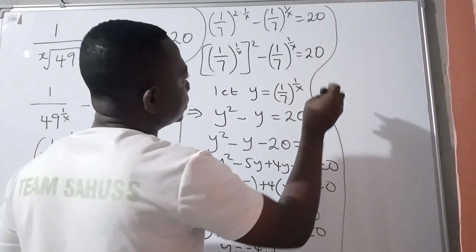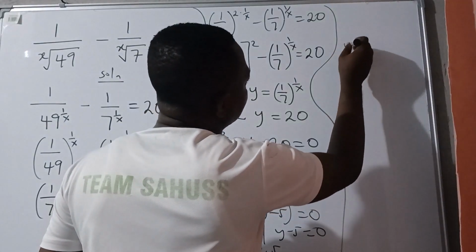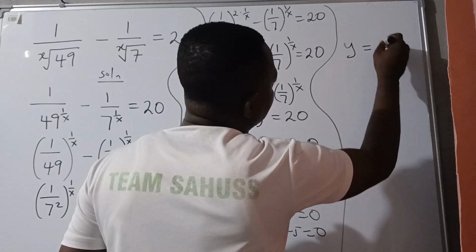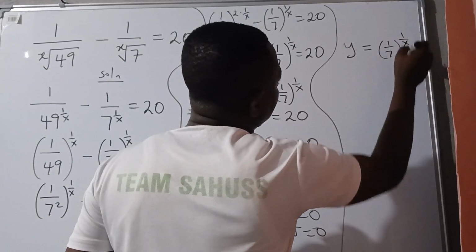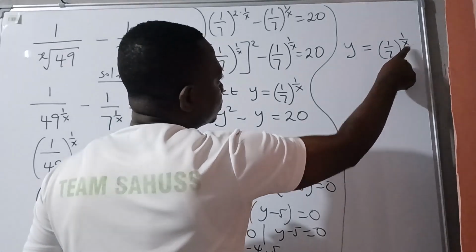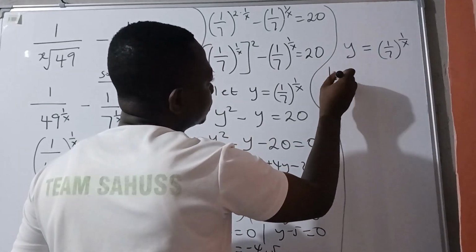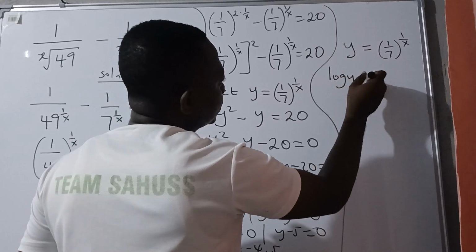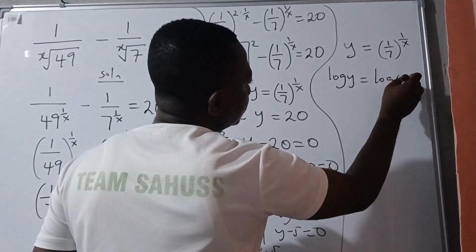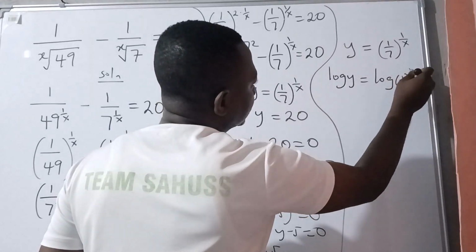So let's start with this. y equals to 1 over 7 raised to 1 over x. Now let's take log on both sides as we bring this one down. So we have log y equals to log 1 on 7 raised to 1 on x.